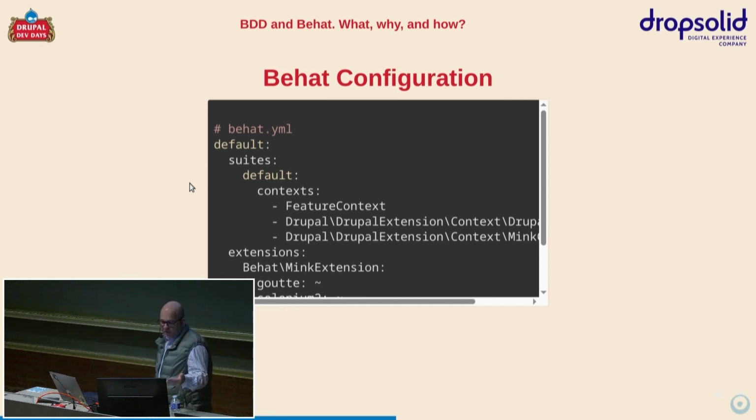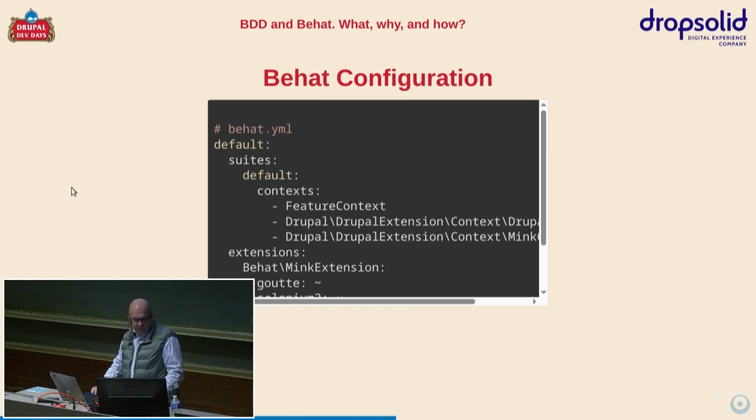And then you have a feature context class. All these lines are just class names. So you have library classes that belong to the Drupal extension namespace. And then you have feature context, which doesn't belong to any namespace; it's a top level class.